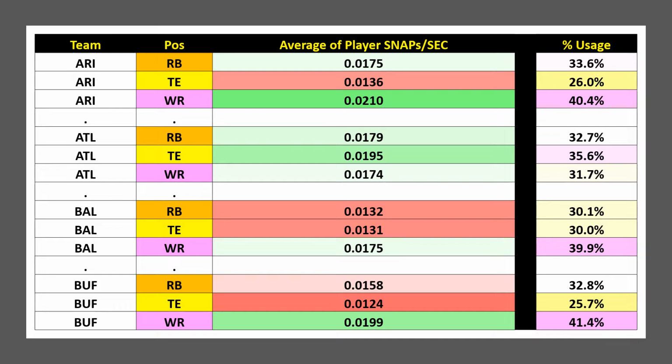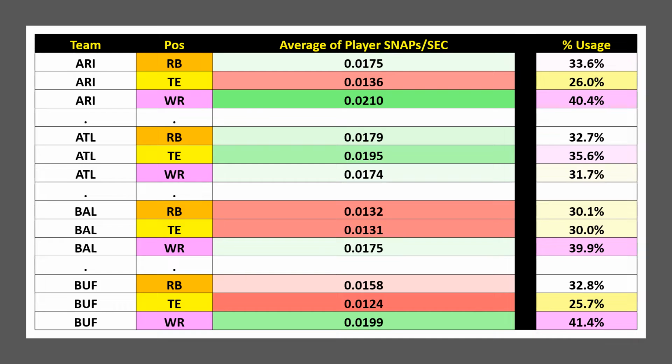That is so much bad news for Calvin Ridley. That makes me sad because I actually did not envision this kind of usage coming out of Atlanta. So it looks like they're relying on their running backs more than their wide receivers there, folks. Not so good.